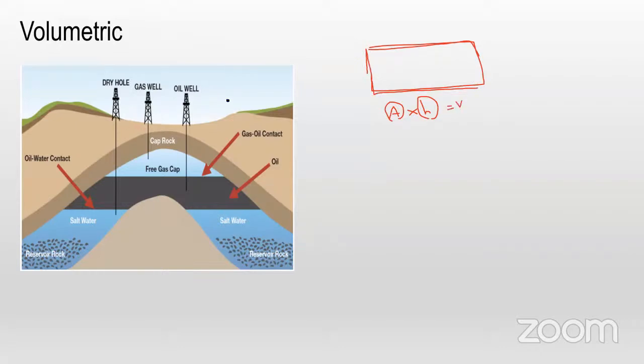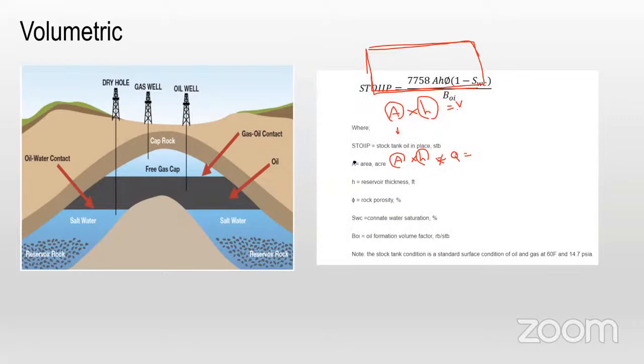But in the 3D model, you have a spatial relation of those. You have the area and the thickness based on those maps, but in 3D you also have the phi, so you can calculate the pore volume, and after that the water saturation.